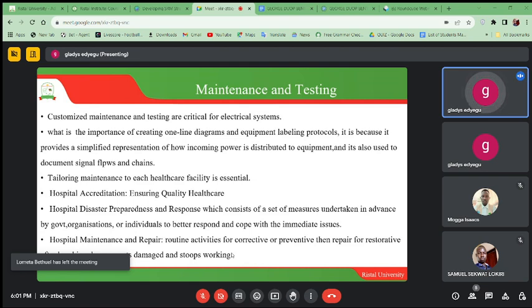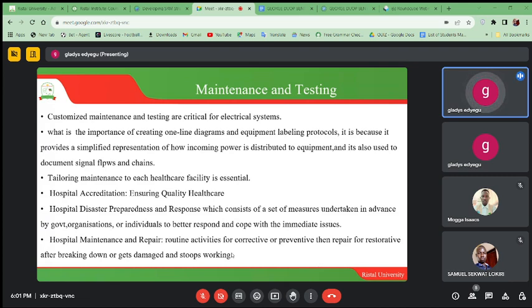So it consists of a set of measures undertaken in advance by either government organizations like the hospital or individuals to better respond and cope with the immediate issues. So in the hospital, we have to be disaster prepared.